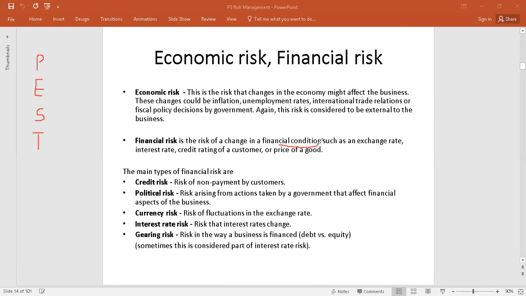If the interest rate increases, one party gets affected. If it decreases, another party gets affected. So someone or the other gets affected adversely.